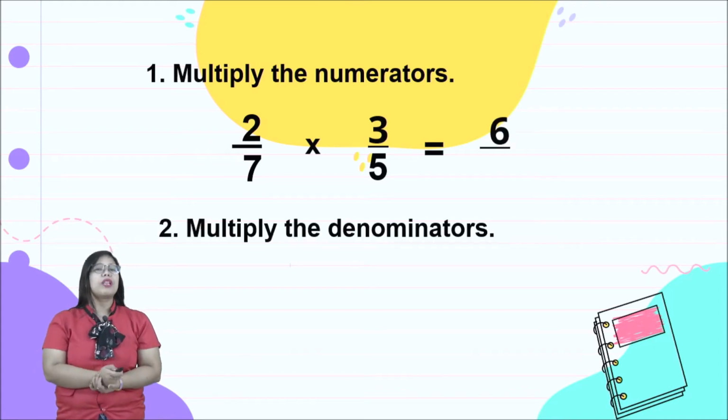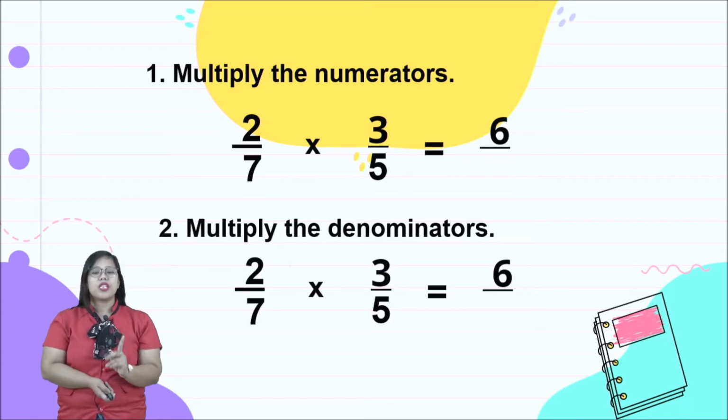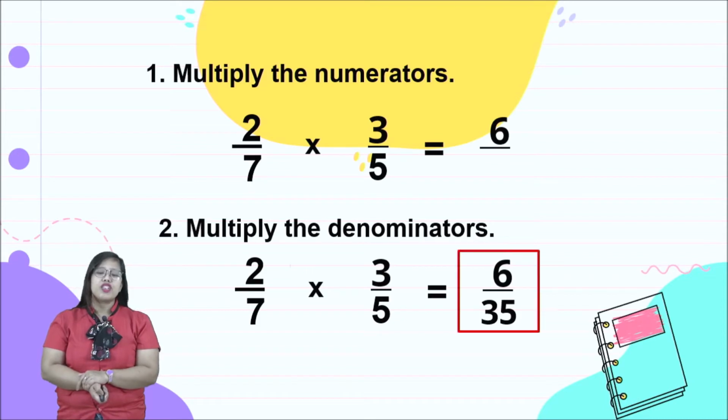After we multiply the numerators, let's proceed with the second step, which is to multiply the denominators. Our denominators are 7 and 5. So 7 times 5 is 35. Let's find out if we need to express it in lowest term.